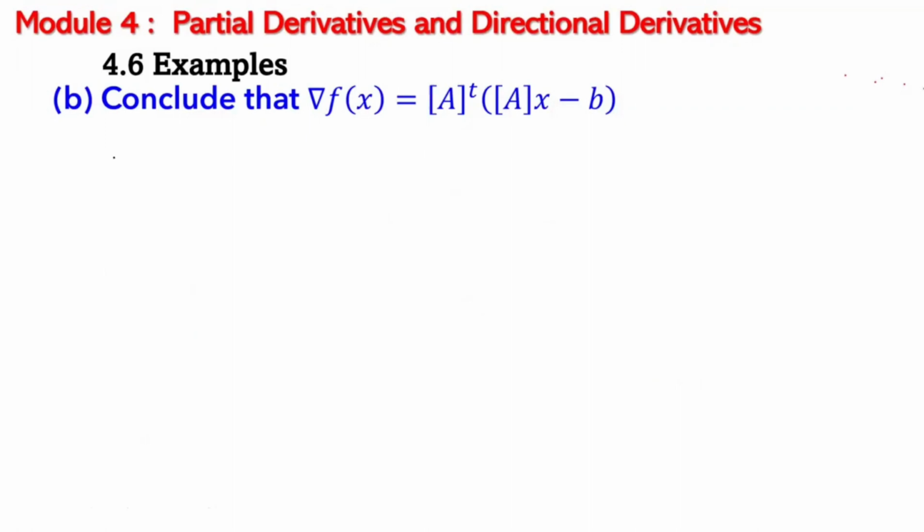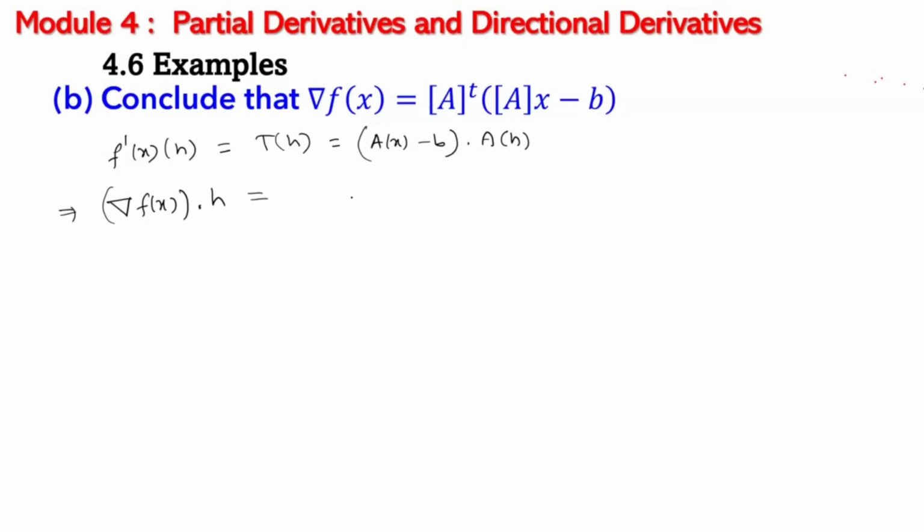From the previous part, we got f dash x h is equal to th, which is equal to Ax minus b dot Ah. We know that f dash x h is equivalent to gradient of f of x dot h.